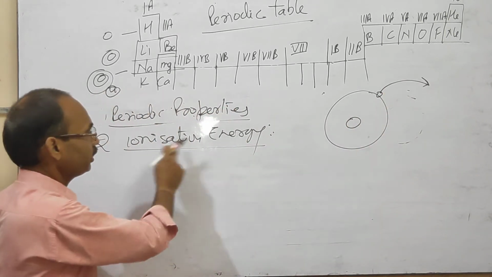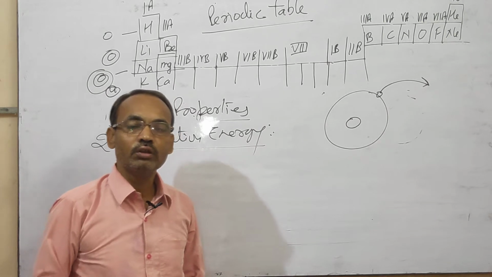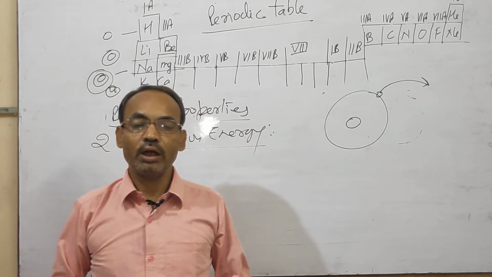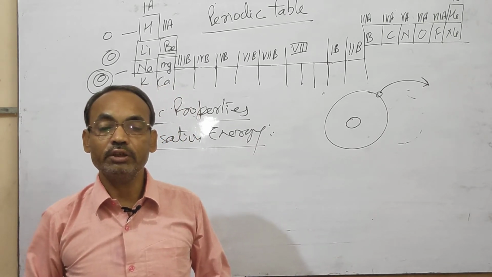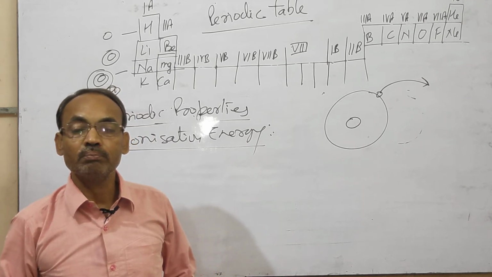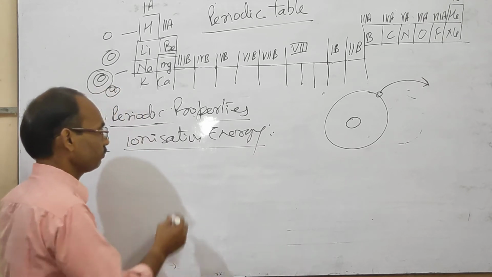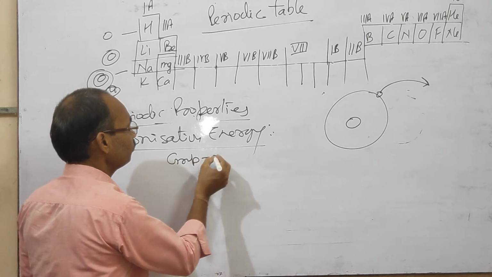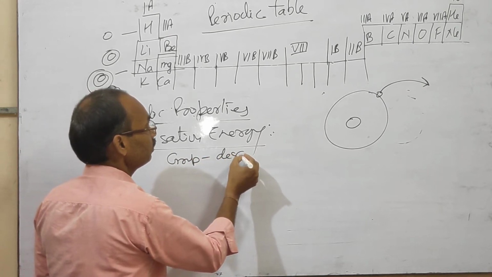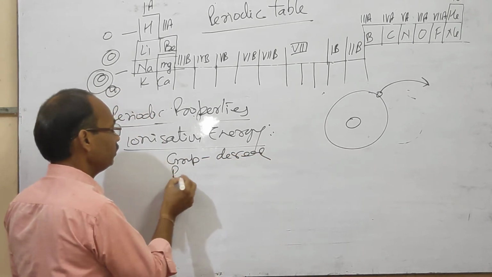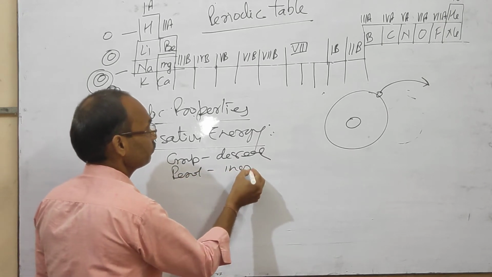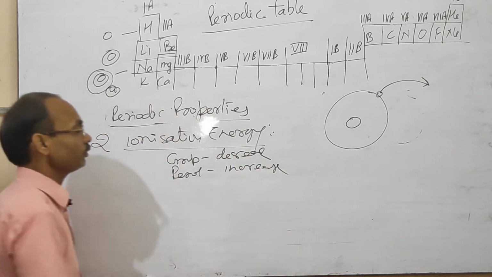You know that ionization energy decreases in a group and increases in a period. What is the reason for this?